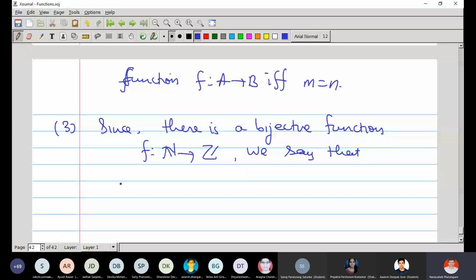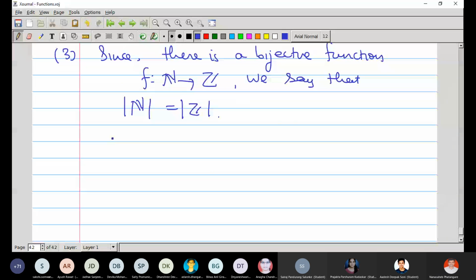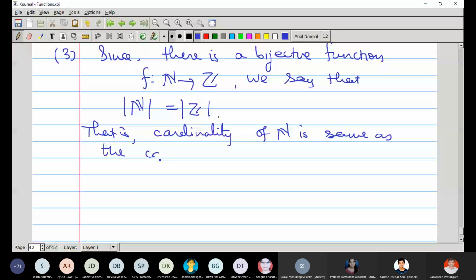Can I say that the cardinality of natural numbers is the same as the cardinality of integers? The cardinality of N is the same as the cardinality of integers.